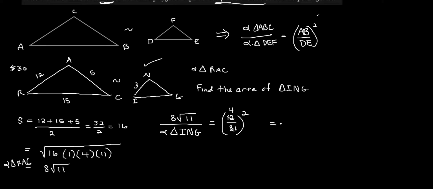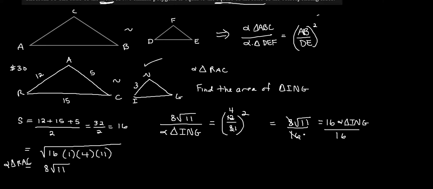So we're going to cross multiply, and we get 8 square root of 11. Remember, this is going to be 16 because it's squared, equals 16 times the area of triangle ING. Divide both sides by 16. Just remember the reason it's 16 is because it's 4 squared.